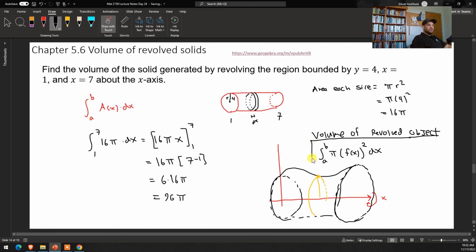So here's our formula for how we compute the volume of a revolved object when we revolve the function that defines the radius about the x-axis.